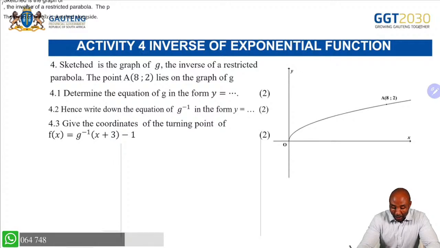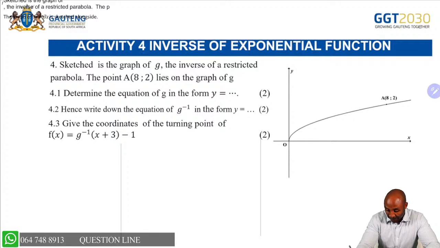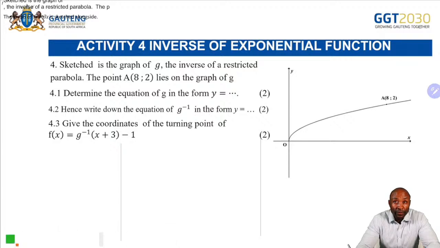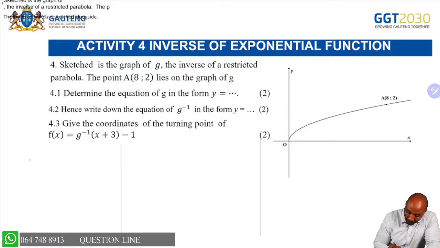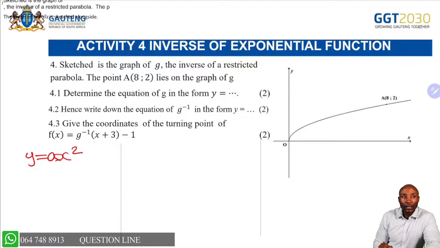Welcome back. I hope you had a good time doing this question. Now it says, sketched is the graph of g, the inverse of a restricted parabola. This is the equation of the inverse. Remember, we are saying our y is equal to a x squared, which is the equation of the original function.